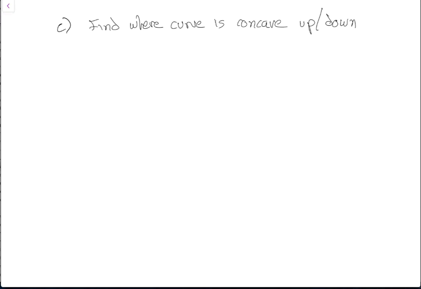And again, remember from a Calc 1 conversation, concavity comes from the second derivative. So what we're looking for is d squared y dx squared. So the formula that we wrote up at the beginning of this video is we're going to take the derivative with respect to t of dy/dx, and we're going to divide by dx/dt.